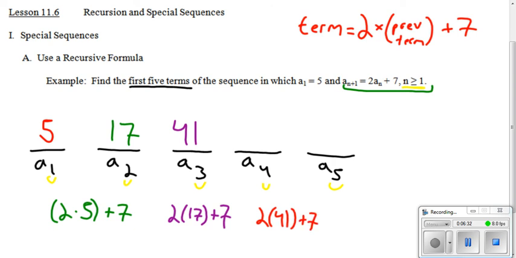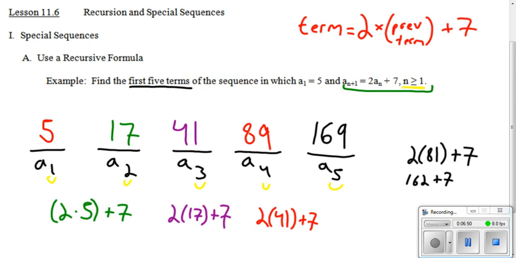So that would be 82, plus 7 is 89. And then this last one would be 2 times 89, again still plus 7. So that would come out to 178 plus 7 is 185. So this would be our series, or our recursive series.